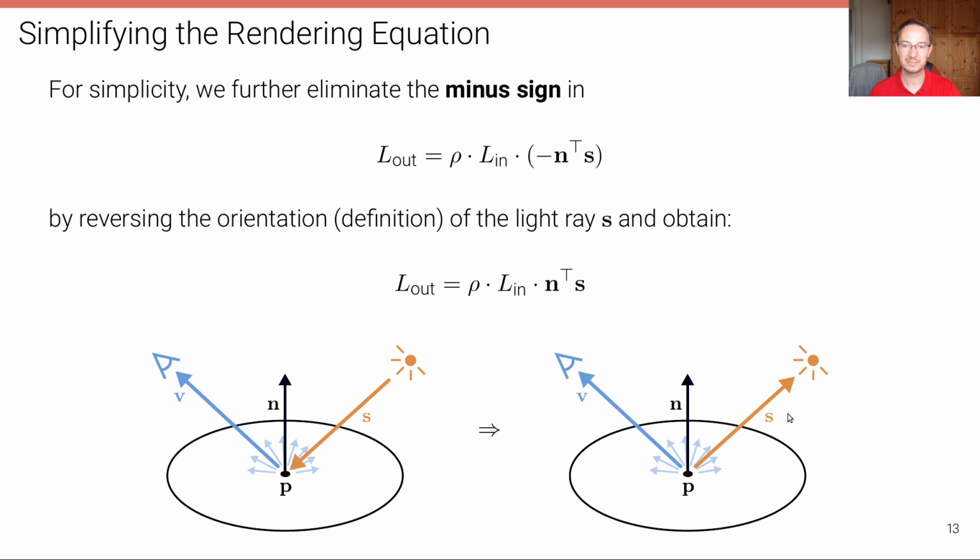If N and S coincide, these are both the same unit vector, then the light that's transferred via that surface point is maximal, and that term would be 1. But if S is orthogonal to N, so it goes in that direction here, then this term is 0. And so the outgoing light will be 0 no matter what the incoming light and the albedo are.